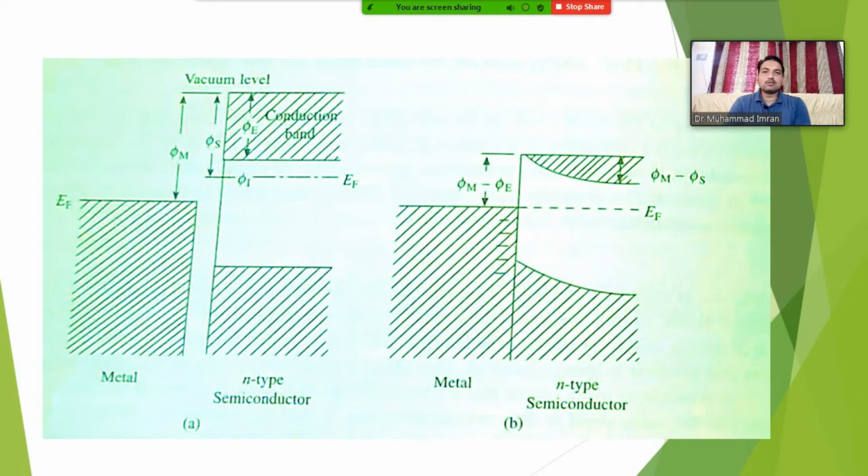What happens at equilibrium? When the junction is formed and there is equilibrium, although the barrier from the two sides is different, the number of electrons flowing from metal to semiconductor and from semiconductor to metal are almost equal. This is because the n-type semiconductor has a lesser number of electrons, however its energy barrier is small.